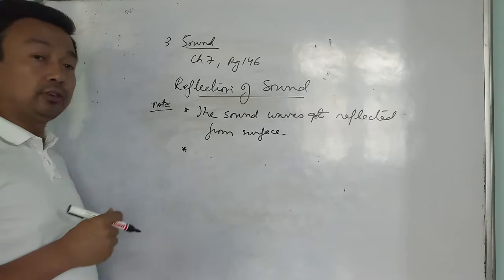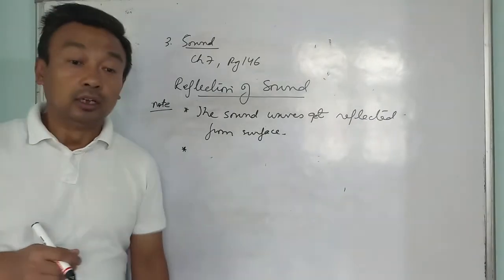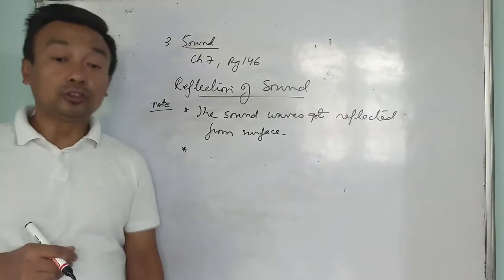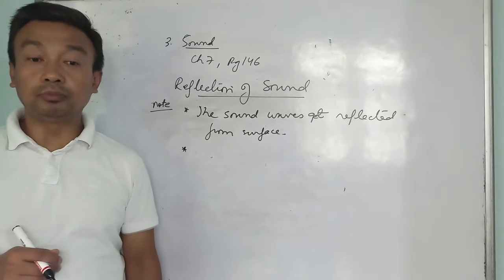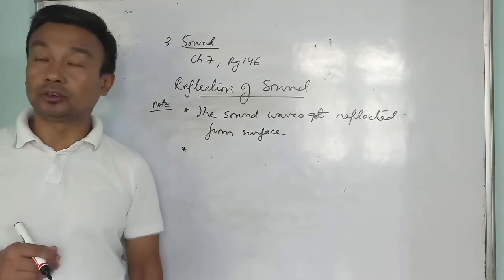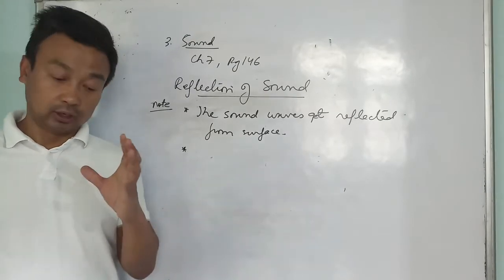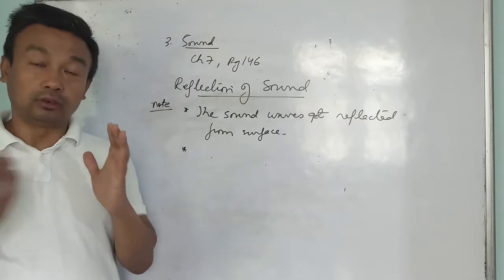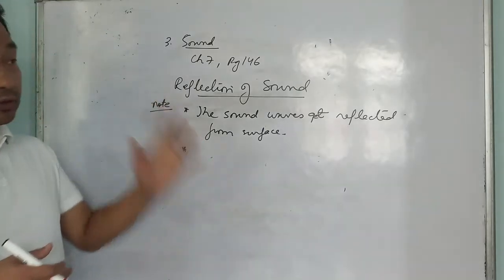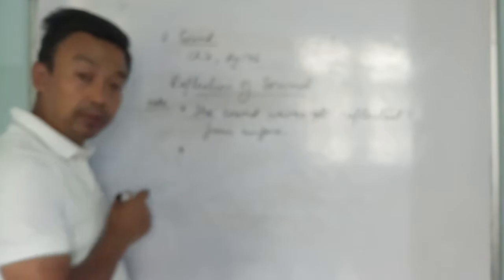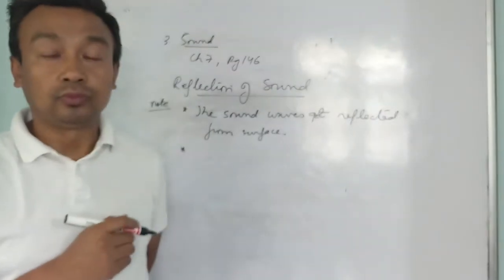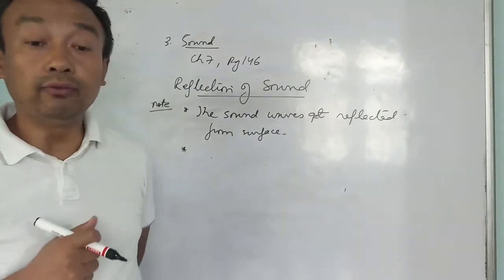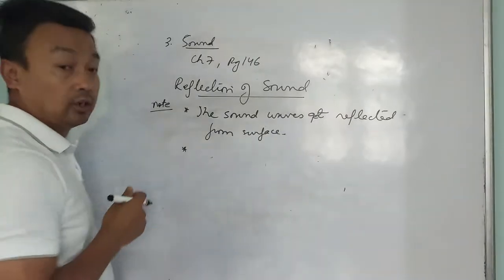The second note that you have to keep in mind is the size of the reflecting surface must be bigger than the wavelength of the sound wave. For the sound to reflect, the size of the reflecting surface must be greater than the wavelength of the sound waves.